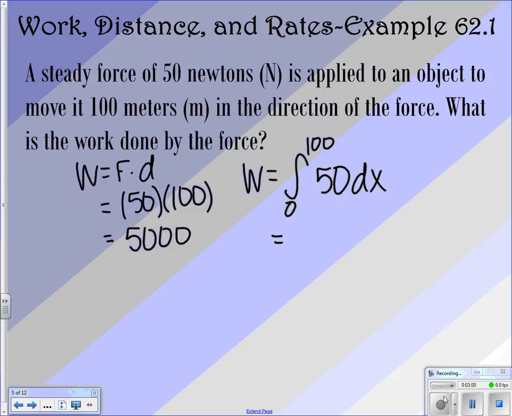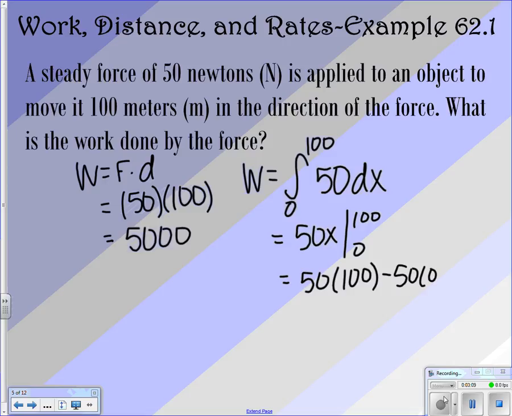So if you integrate 50, you get 50x from 100 to 0. So you have 50 times 100 minus 50 times 0, which is 5,000, like we got just a minute ago.